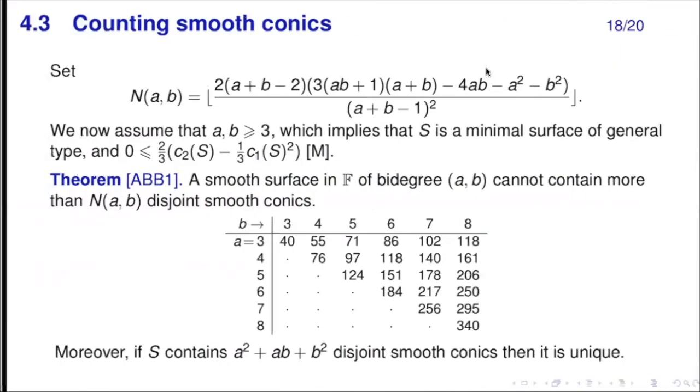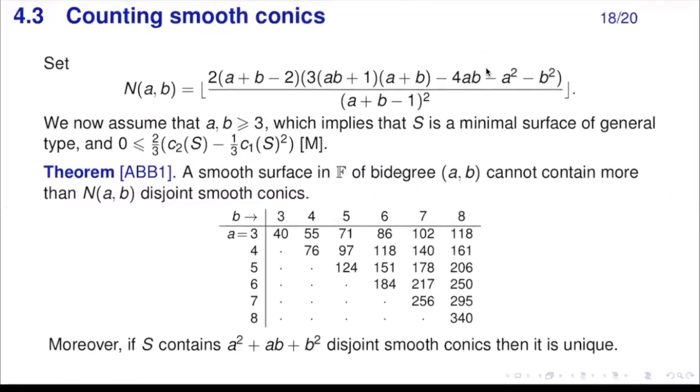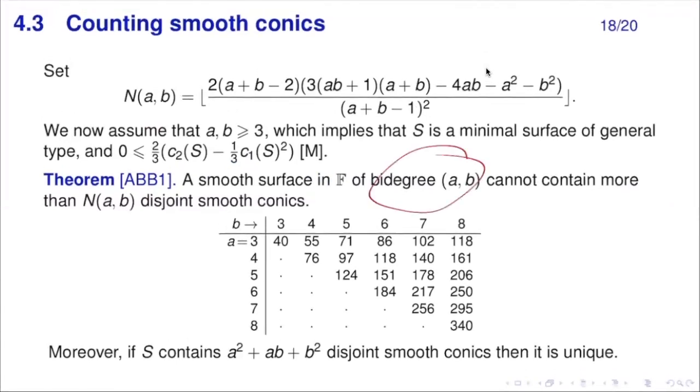But let me just leave you with this slide that shows an upper bound on the number of twistor fibers in a smooth surface in the flag manifold of bidegree A, B. There's a lot more work to be done here, but it's an interesting game one can play to count these twistor fibers. Sorry, I must stop there.